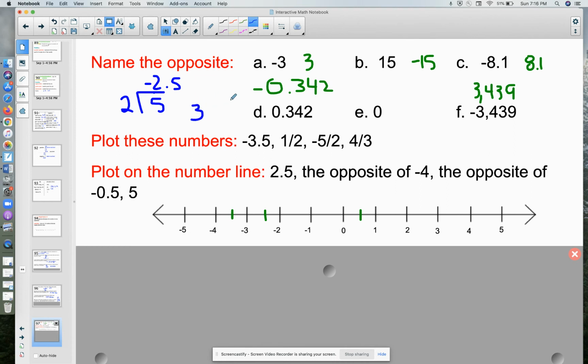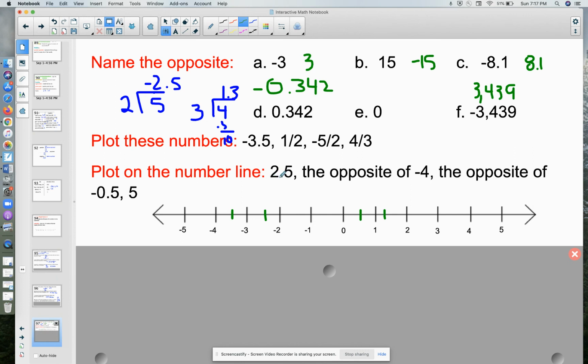So 4 divided by 3 gives you 1.3. Where would 1.3 be? So 1, then not half, a little bit less than half. So about 1.3 right there. Anytime you have these fractions, just divide it. That's all you have to do.